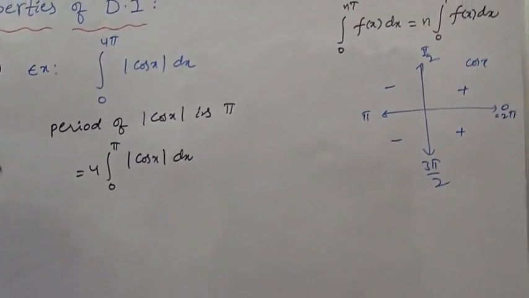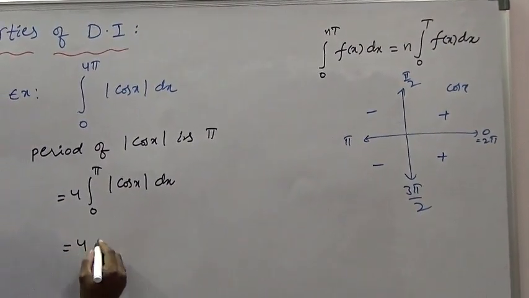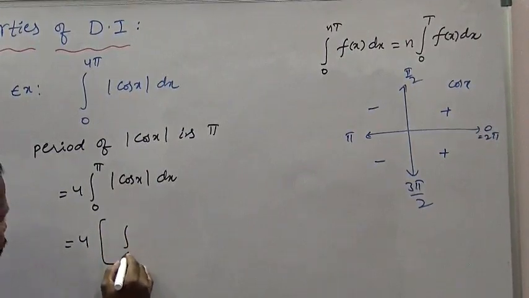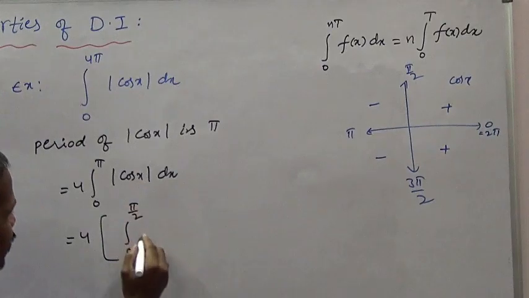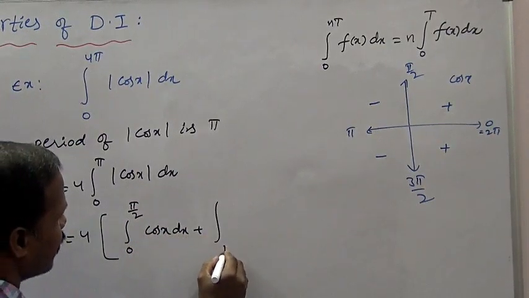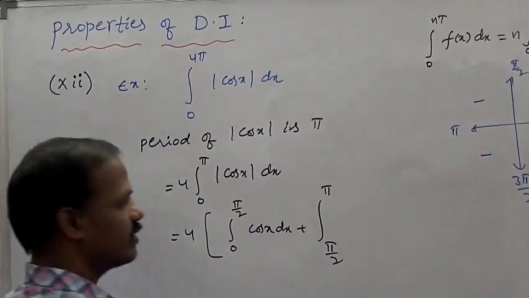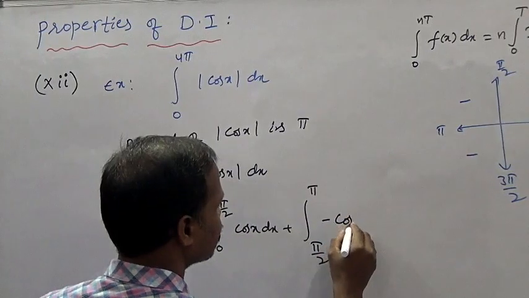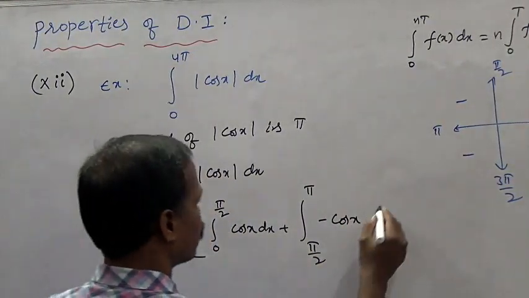So now this is equal to 4 times the integral from 0 to pi by 2, where it is positive, so mod cos x equals cos x dx, plus the integral from pi by 2 to pi. Here mod cos x is minus cos x, because in the second quadrant cos is negative.